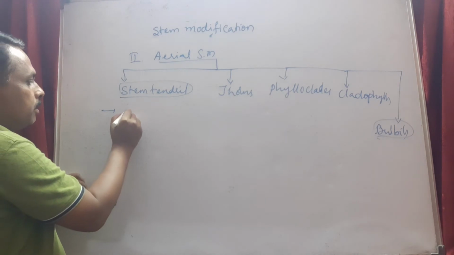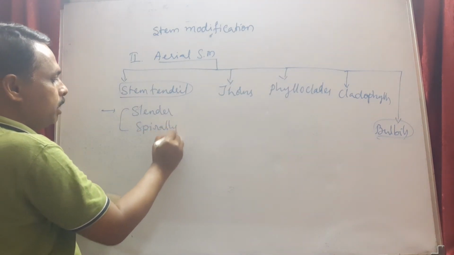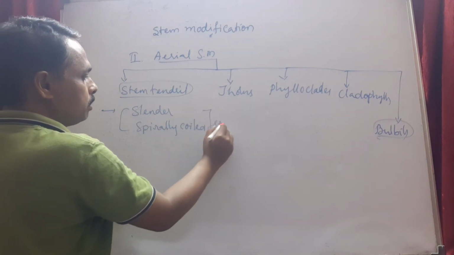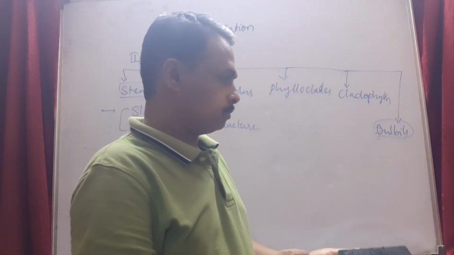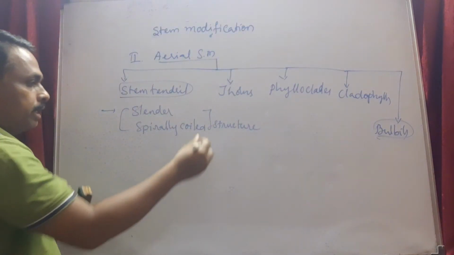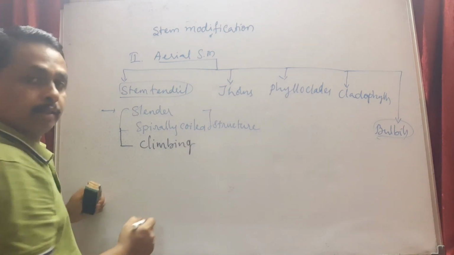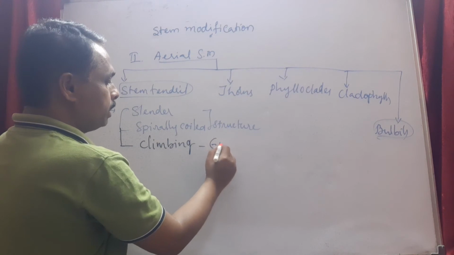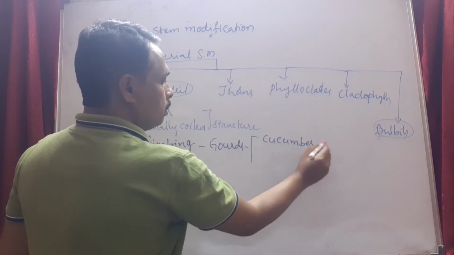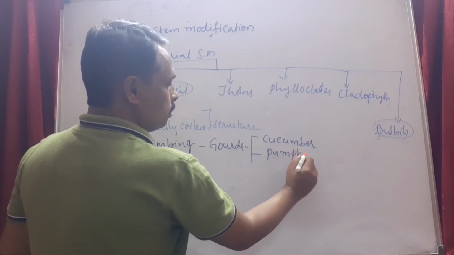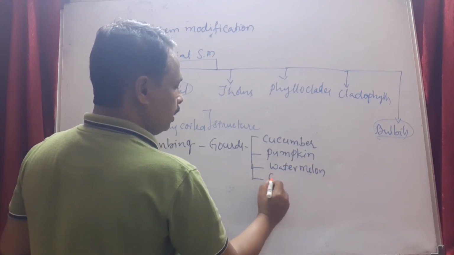This is a slender, meaning thin, spirally coiled structure, which helps for climbing the weak stem plants like gourds, cucumber, pumpkin, watermelon, and grapevine.